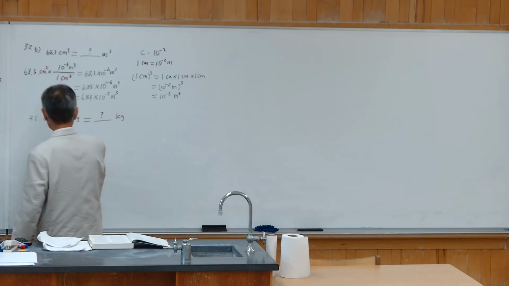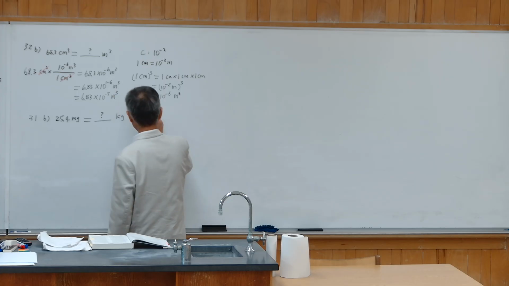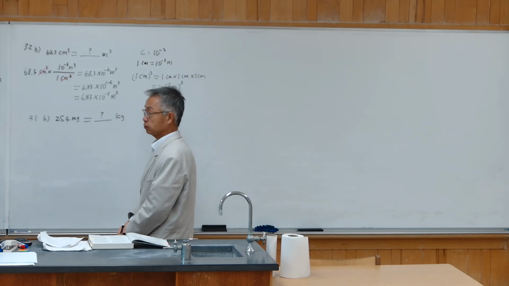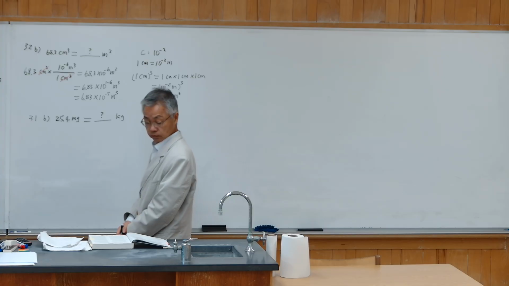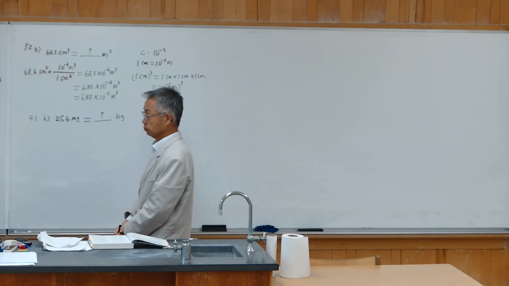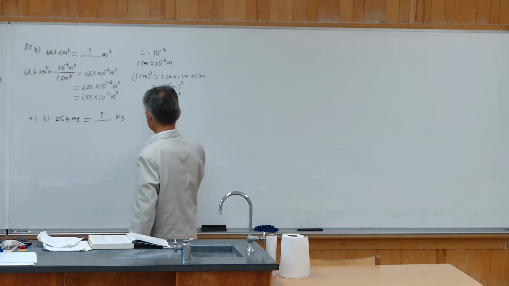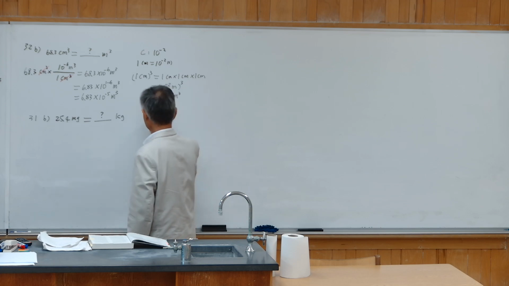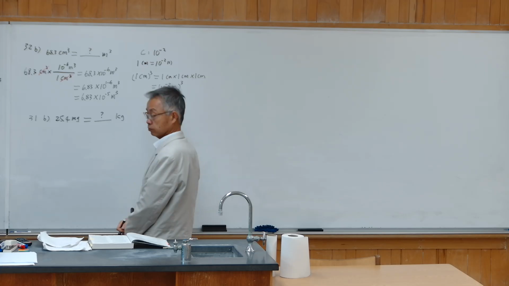Okay, so milligram to kilogram, we have conversion factors. Milli means 10 to the negative 3, right? Kilo, 10 to the positive 3.